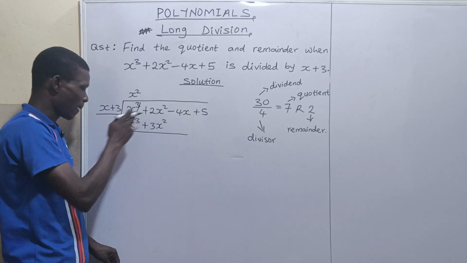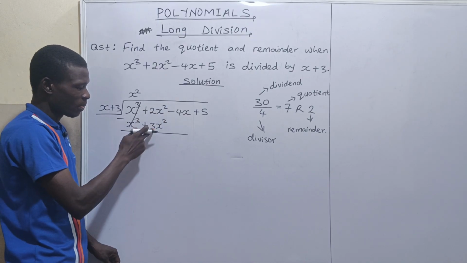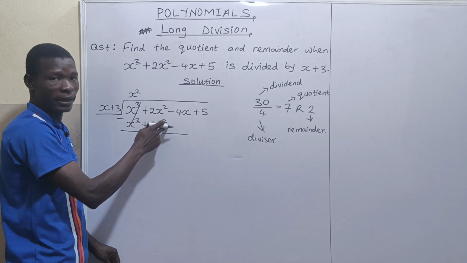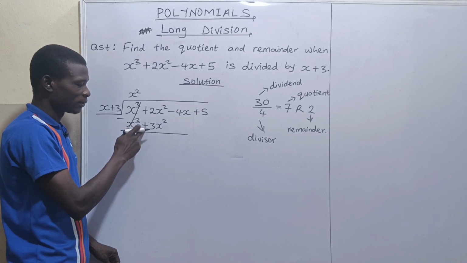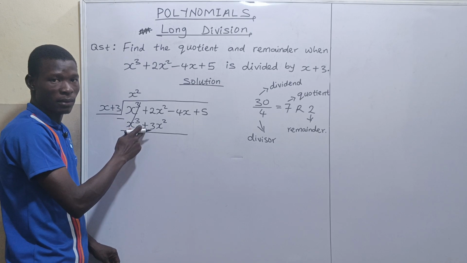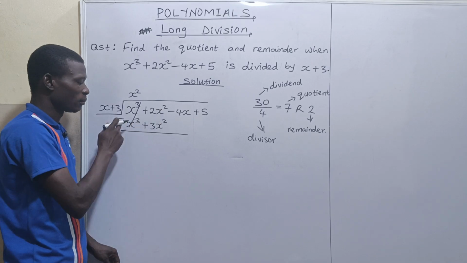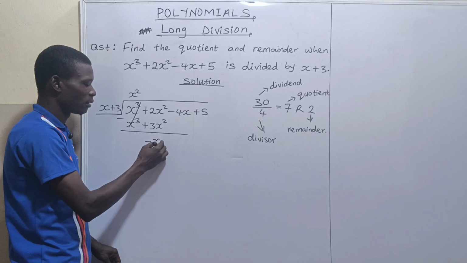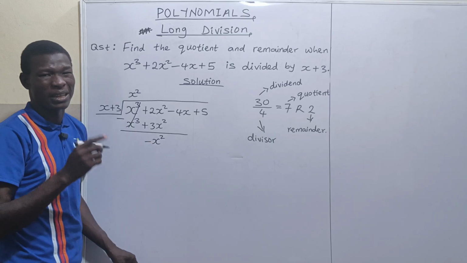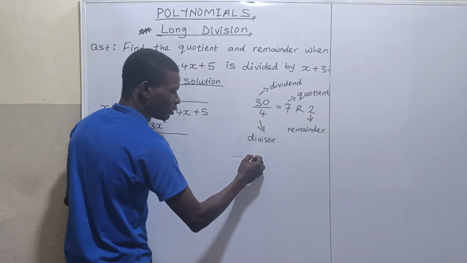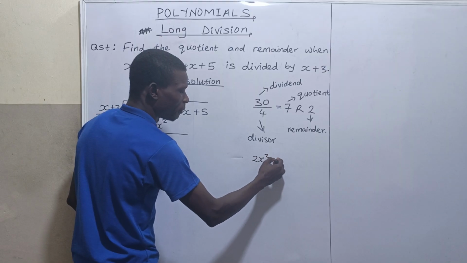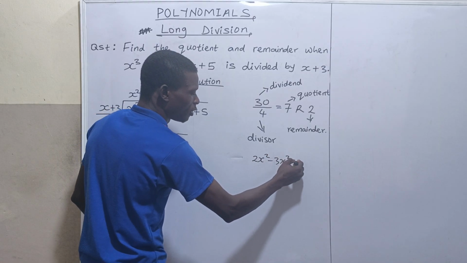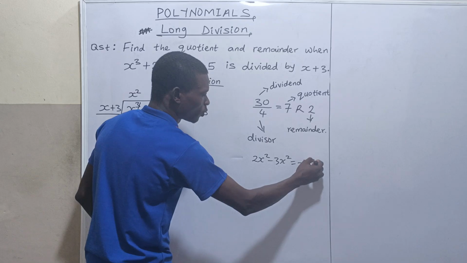2x squared minus positive 3x squared, plus times minus, or minus times plus is minus. 2x squared minus 3x squared will give us negative 1x squared.